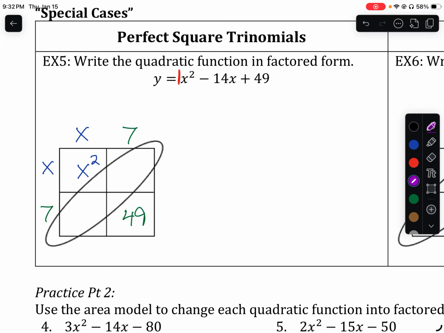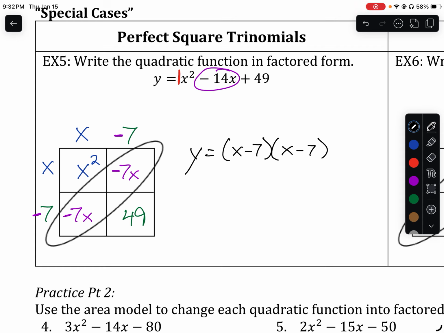And if I know that it's going to be 7x and 7x, and it's making that negative 14x, it's going to be negative 7 and negative 7. So my factored form for this is x minus 7 times x minus 7, or what we have been writing when we've been doing completing the square and vertex form was that compressed version of x minus 7 squared.